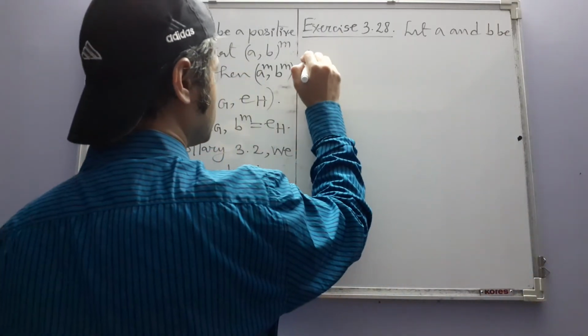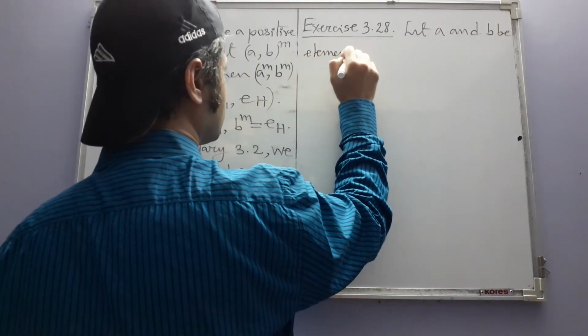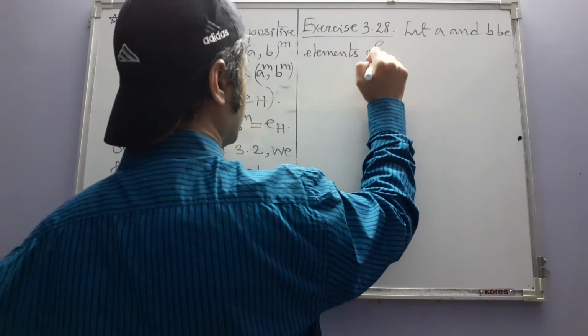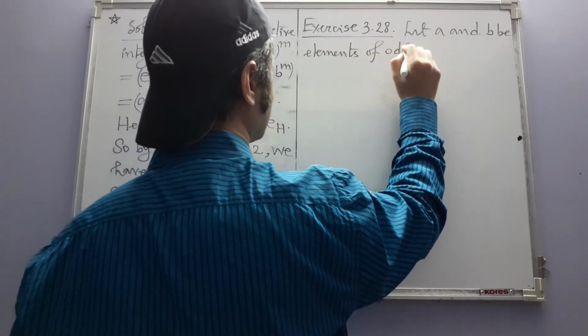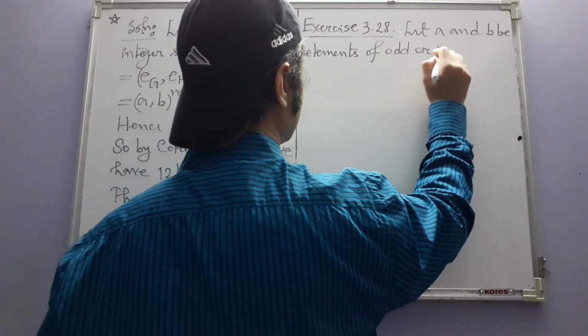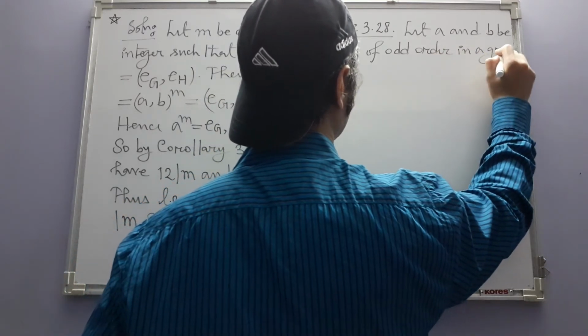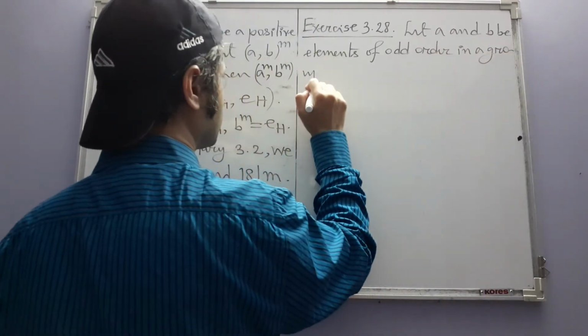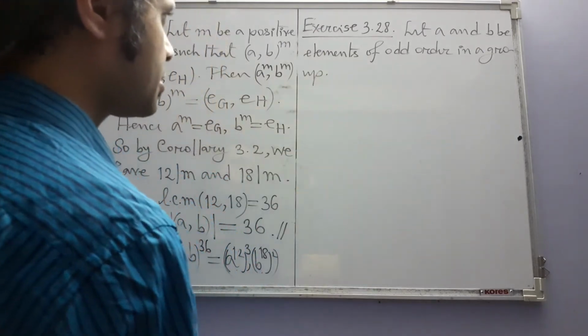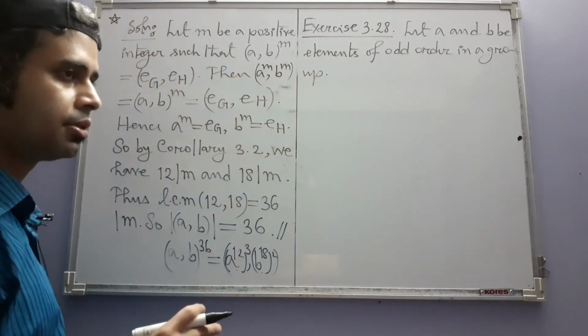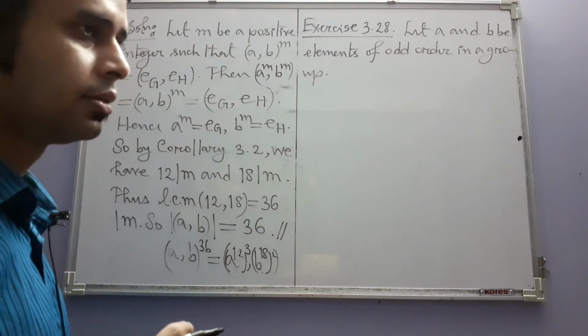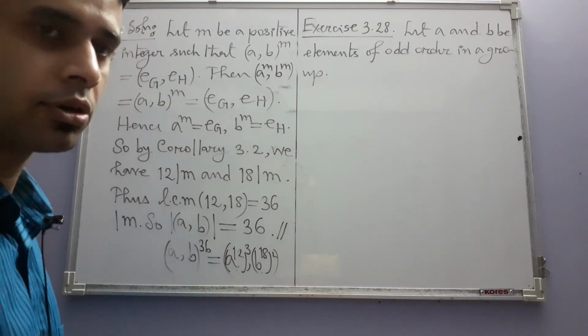We have some group from where the elements A and B are coming, and they both have odd orders.